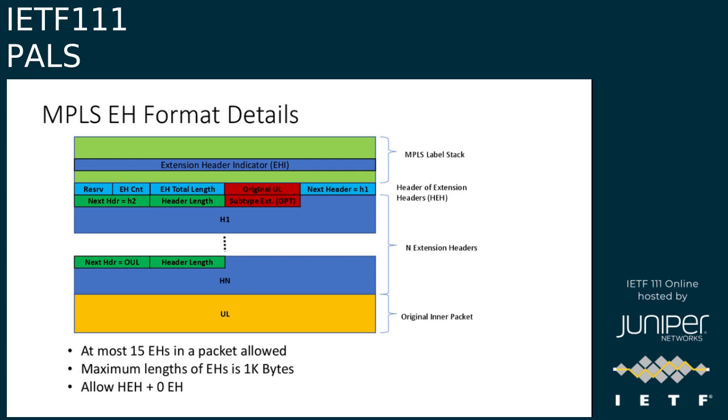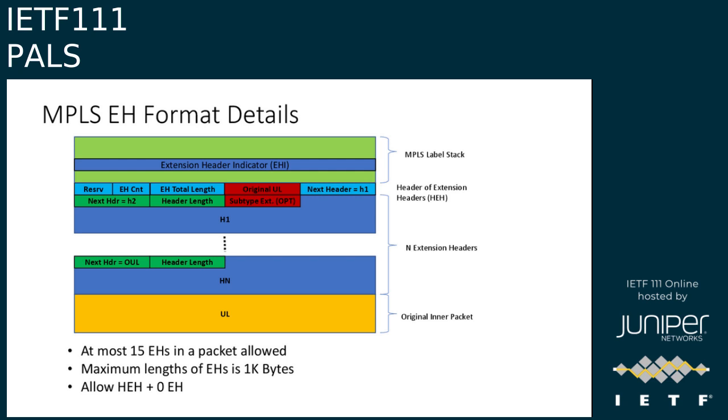So this slide shows the details of the MPLS extension header format. The top section is the MPLS label stack. In it, somewhere, we have this extension header indicator. Then follows the label stack. You can see there's a word for the header of extension.